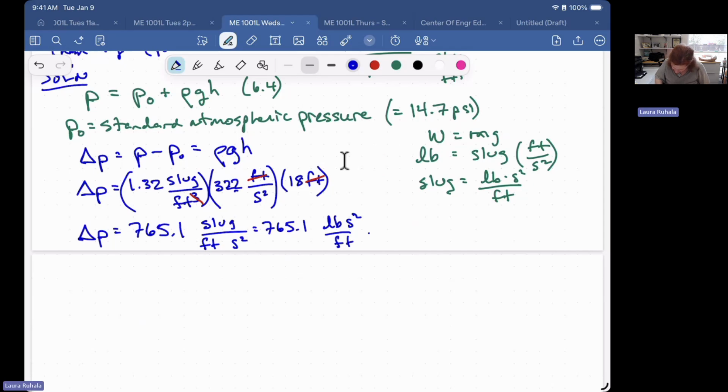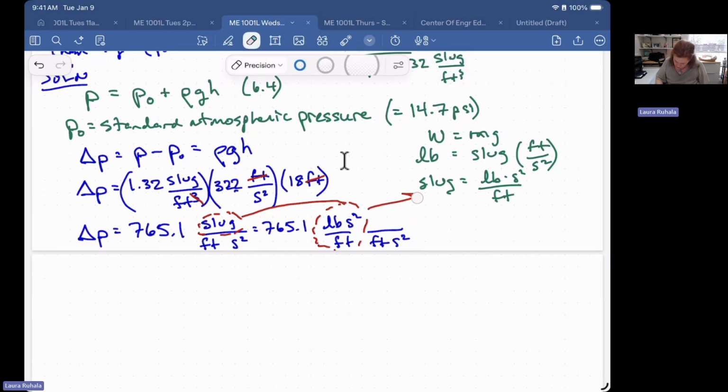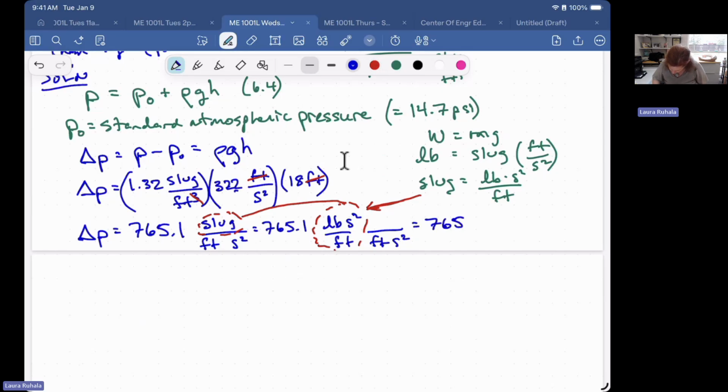And then I still had in the denominator the foot and the second squared. So that's equal to 765.1 pound. Oh, second squared has crossed out. Pound per square foot. And what I'm left with is a pound and square feet in the bottom.